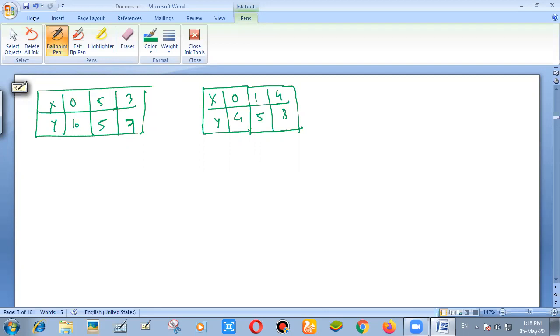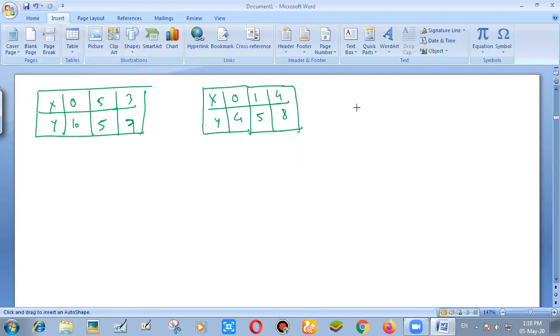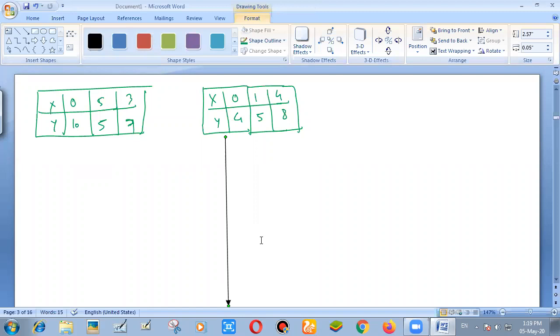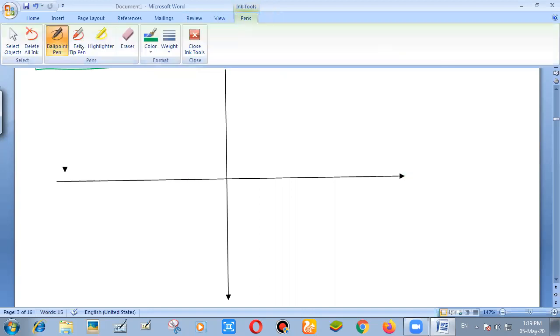Okay, now let me draw the graph. Suppose this is your y-axis, this is your x-axis.